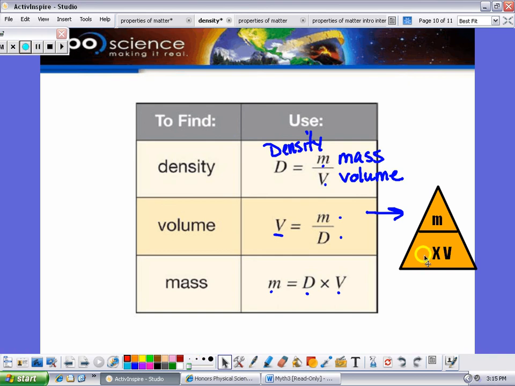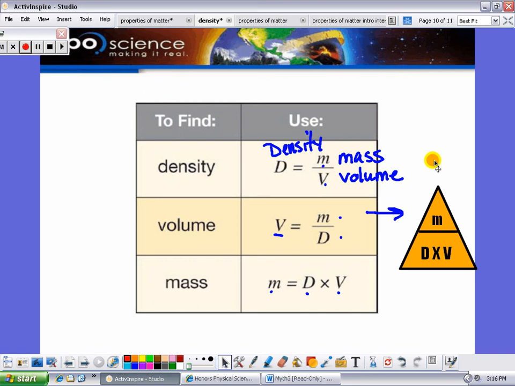If you want to find volume, you just cover up volume, and it gives you the equation of mass divided by density. Or you can cover up mass and solve for mass by multiplying density by volume. So the triangle makes your life a little bit simpler to know what equation to use depending on what you're looking for, if it's density, volume, or mass.